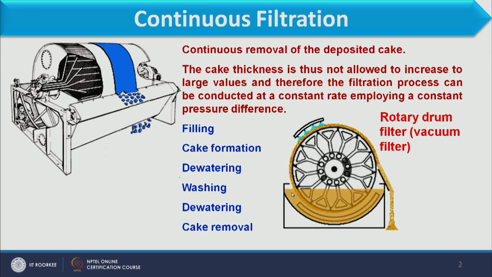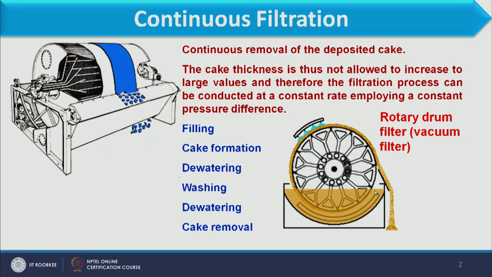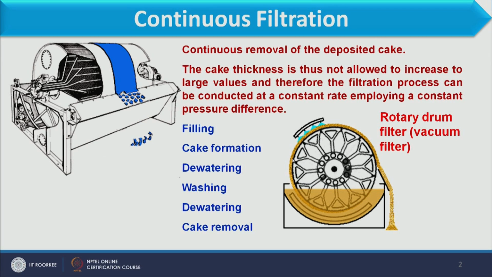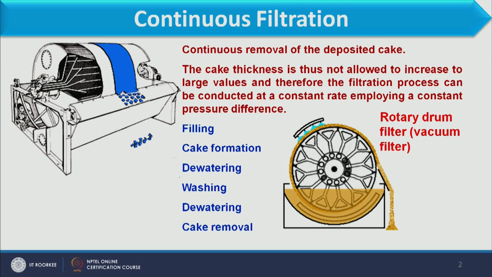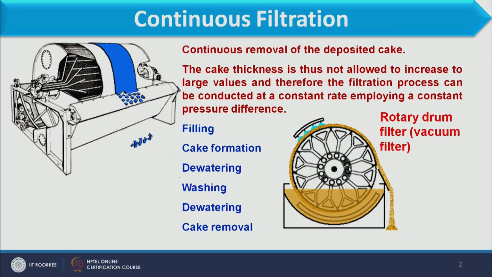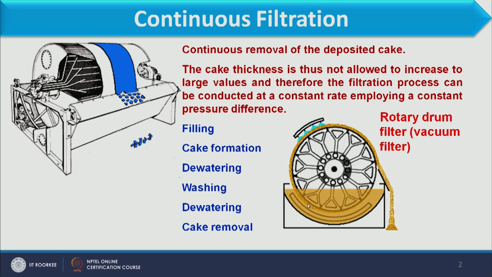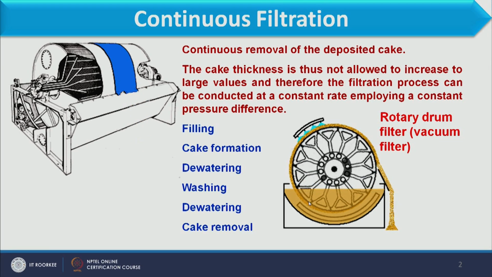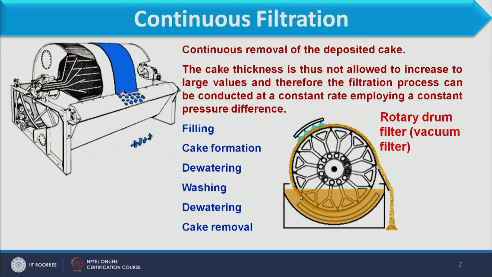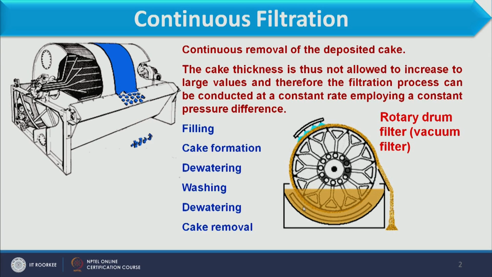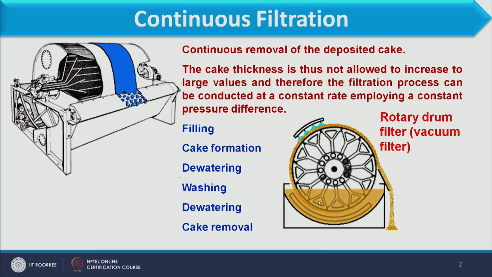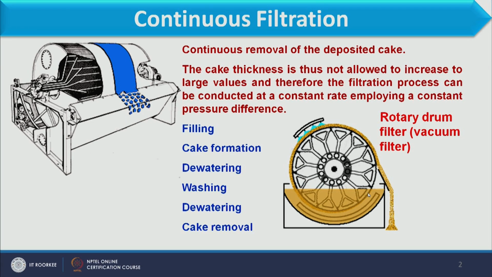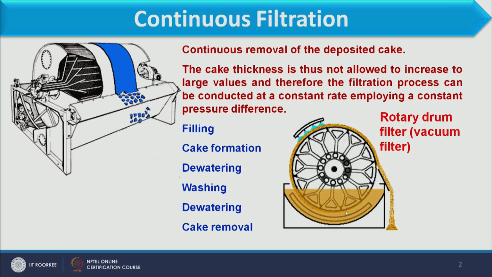Now as some section of this rotary drum is submerged into the slurry, all these in-between lines are connected with the vacuum pump. So this system is operated at vacuum. Once this is submerged into the slurry, it sucks the water, and during this sucking of the filtrate, the cake formation occurs over here.